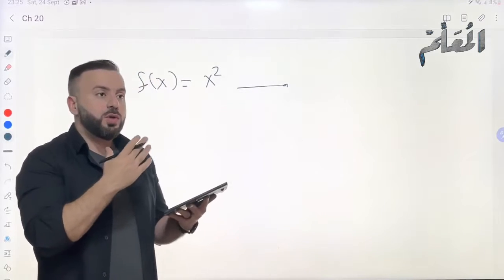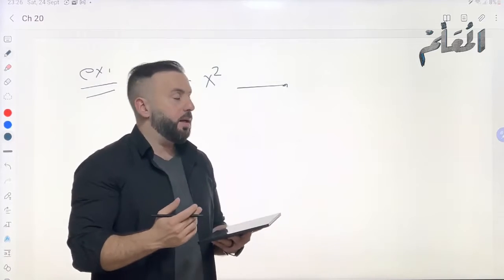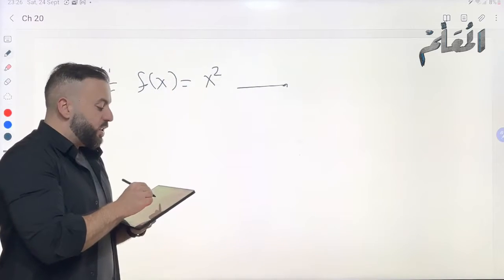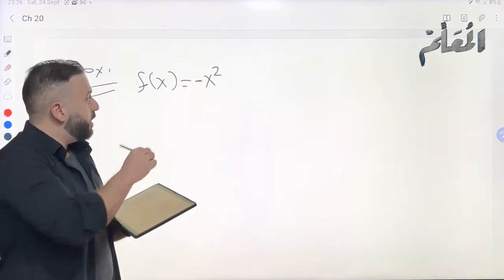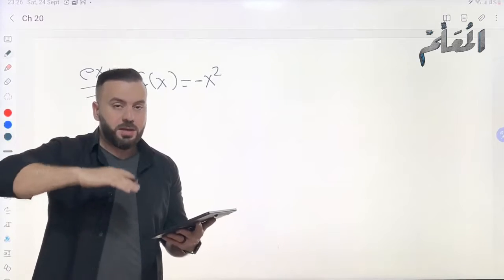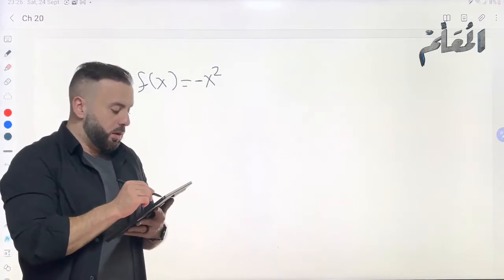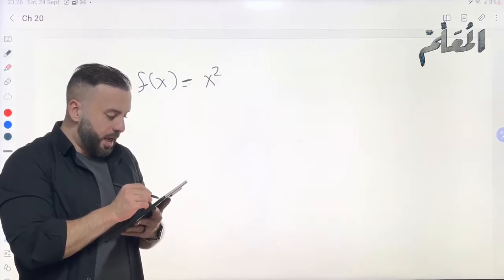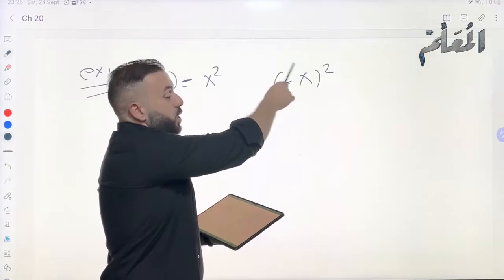Of course, this is going to be the basic one in M1. In M2, I'm going to explain it in more detail. So now this is the shifting part. For the reflection, if it has a negative sign outside, this is a reflection across the x-axis, up and down, that will affect, of course, the domain and range. And if the negative is inside with x, this is a reflection across the y-axis.